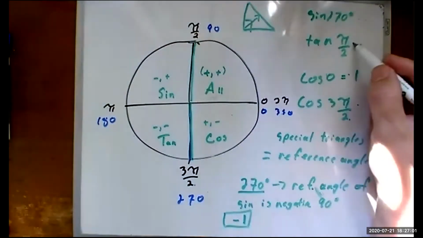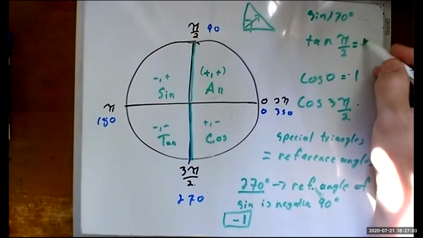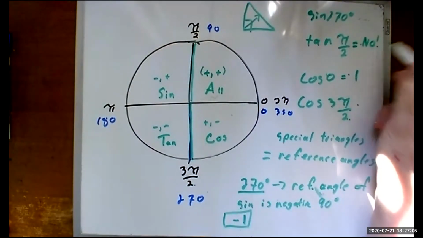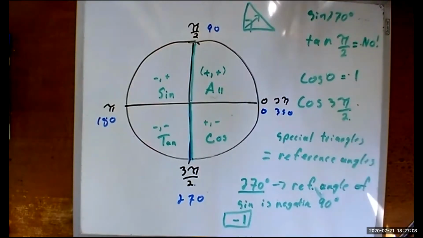Tangent of pi over 2 is undefined, or as I like to say, no. The reason for that is you end up dividing by 0. You're simply not allowed to divide by 0.